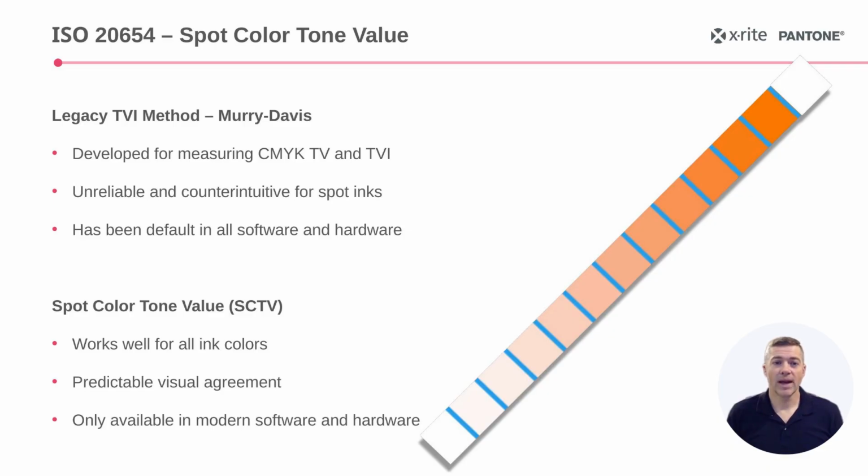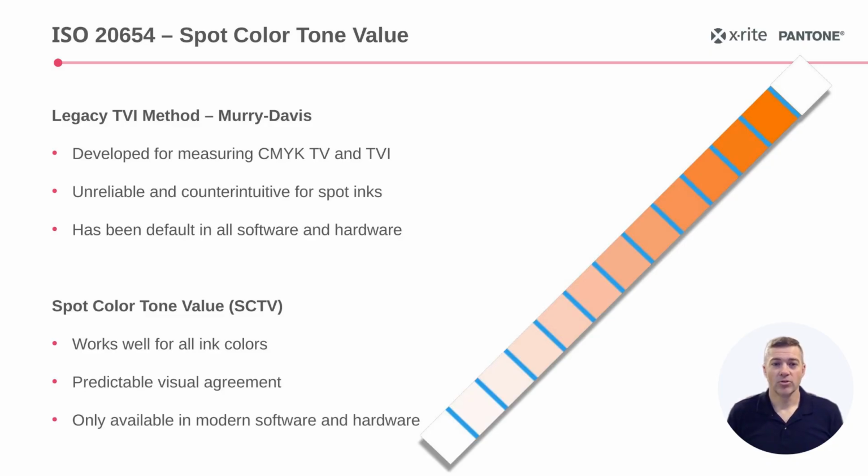Although it performs reliably with process colors, CMYK, this density-based approach proves unpredictable and inconsistent when applied to spot colors, often leading to unexpected print results and unreliable workarounds. These limitations highlighted the need for alternative TVI models that can account for the spectral and physical characteristics of spot colorants.